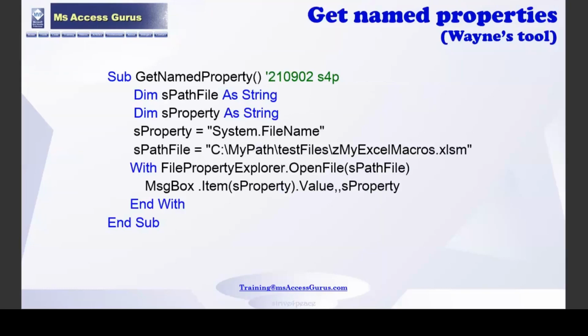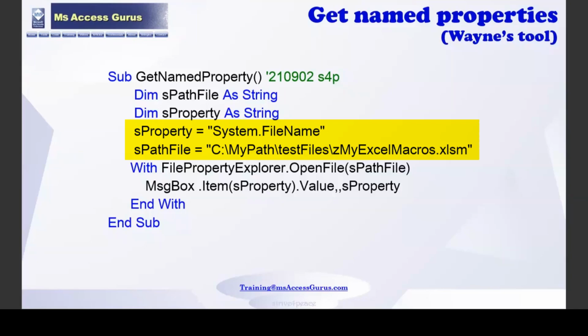I mean, it just doesn't get any easier. Let's say you have a path file to what you want information on, and then I just made a sProperty variable for the property name that I want to get information on, but obviously you could hard code that in too. And then I assigned those 2 variables, and then there it is at the bottom.